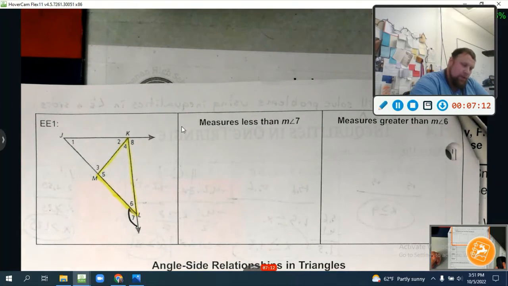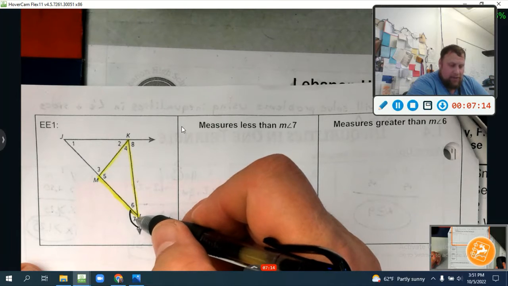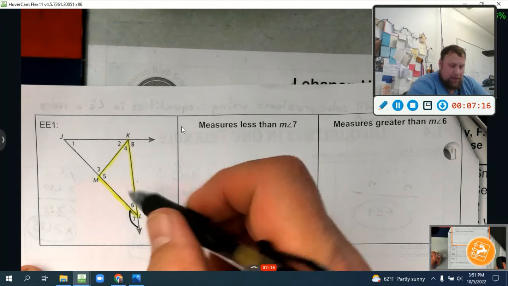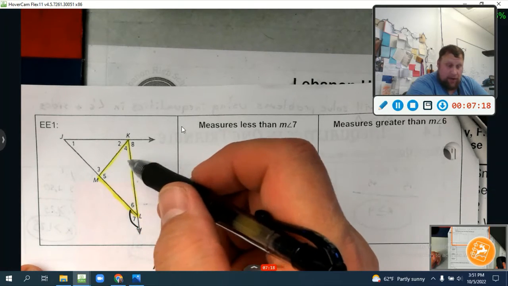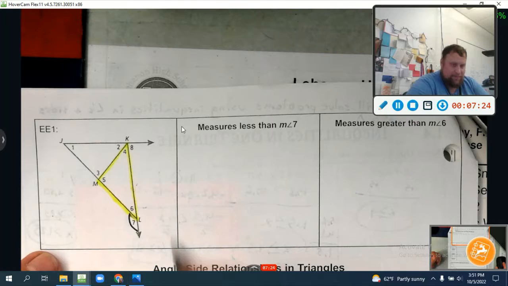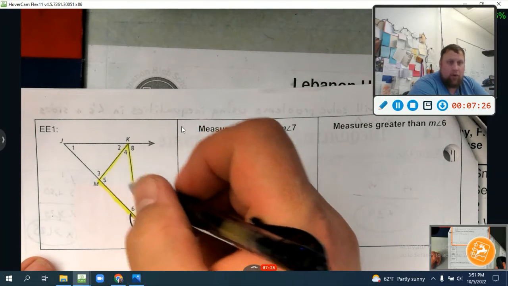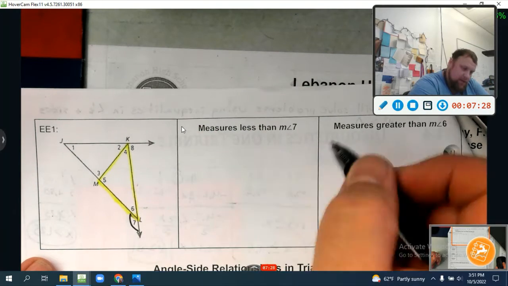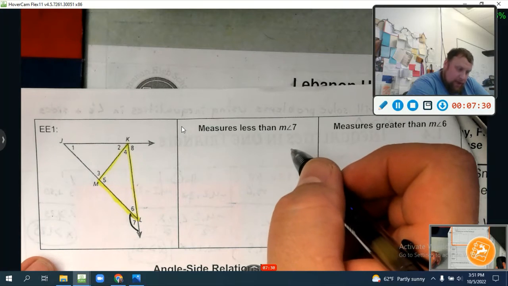Remember, angle 7 is greater than the measure of the opposite interior angles. Or how does it say it? The corresponding remote interior angles. Remote means far away. So angle 7 is going to be the measure of what measures less than angle 7?